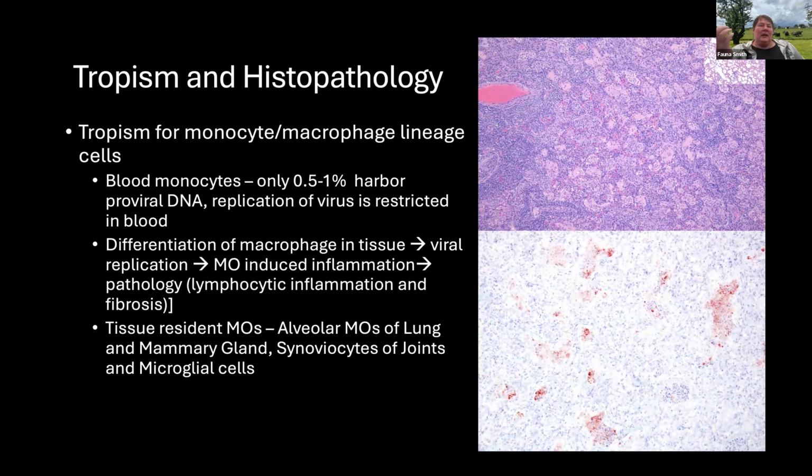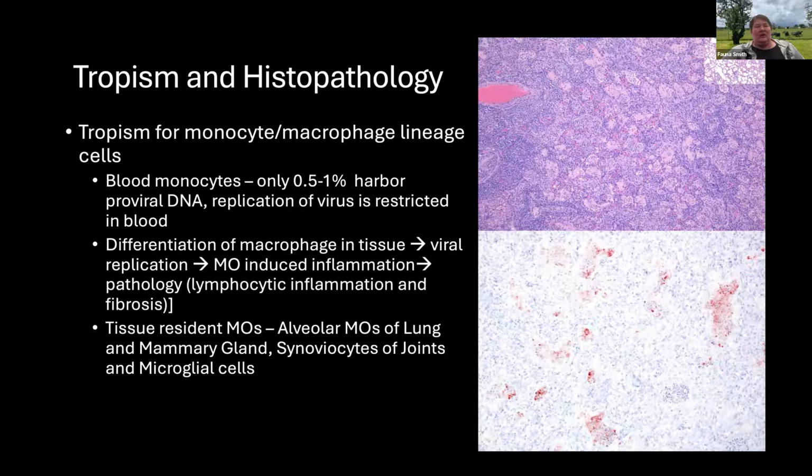But only about 0.5 to 1% of circulating monocytes actually harbor proviral DNA. And proviral DNA is the integrated form of the virus. So this proviral DNA is sitting there, and multiple copies might be sitting in the genome, but the replication of the virus is really restricted in blood, and it's not until you get activation of the macrophage when it goes into the tissues that you start getting viral replication.